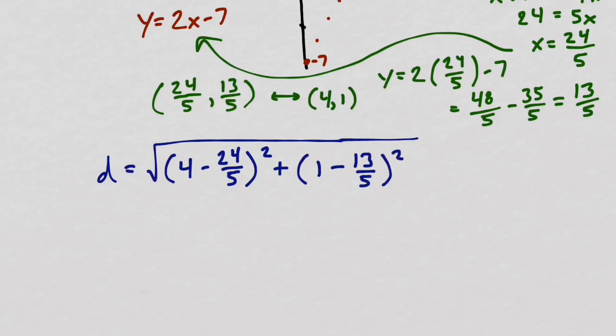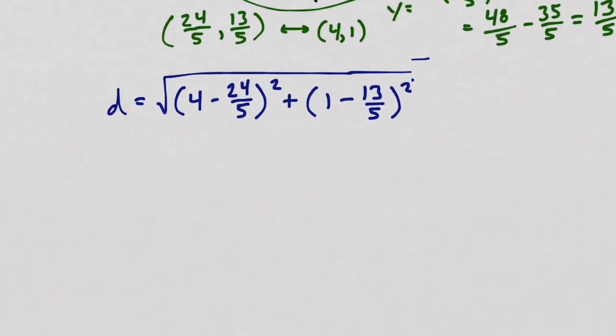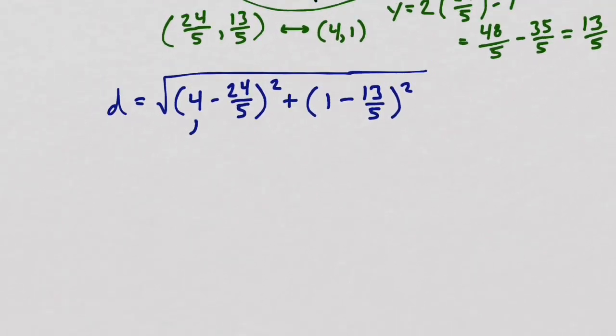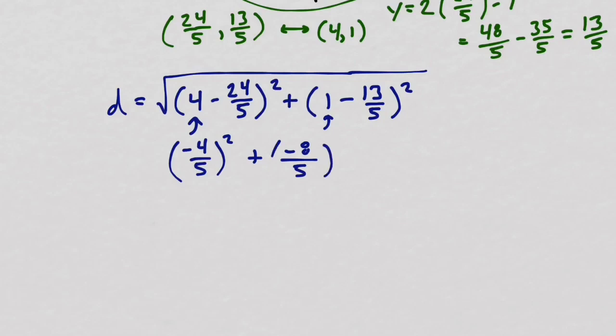And all of that we take the square root of. We can think of this 4 as 20 over 5, and so that gives us -4 over 5 squared when we subtract. I can think of this 1 as 5 over 5, so that gives me -8 over 5 squared, and the whole thing is under a square root.